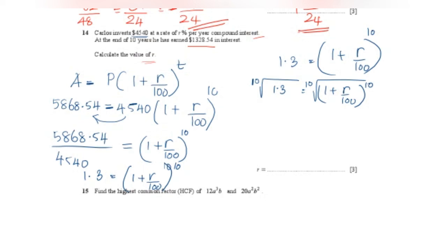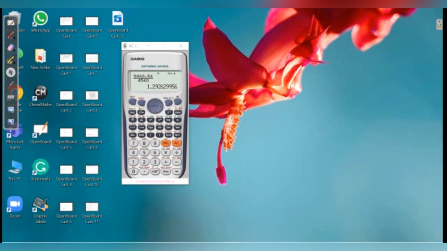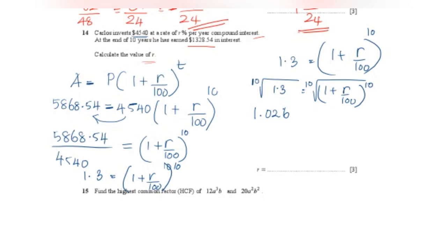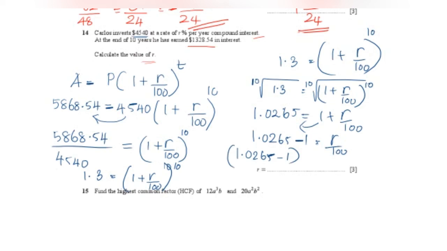Let's enter this in the calculator. 1.0265 is equal to 1 plus R upon 100. Shifting this to this side, it becomes minus 1, equal to rate over 100. So R would be 1.0265 minus 1, the whole into 100.